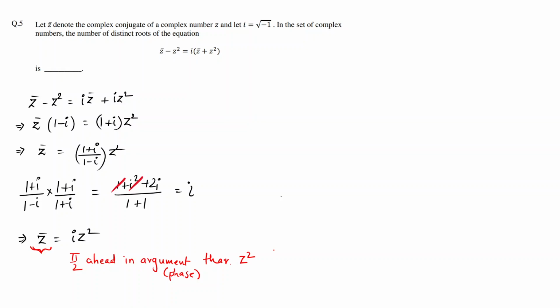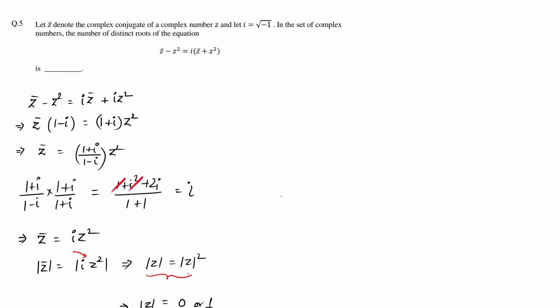Okay, this is the equation. First let's think about what the modulus of this z should be. When you take modulus on both sides, the modulus of the conjugate is the same as the modulus of z, and the modulus distributes over the multiplication, and iota has modulus 1, so you will get this. And then you have only two situations: mod of z is either 0 or 1, right?